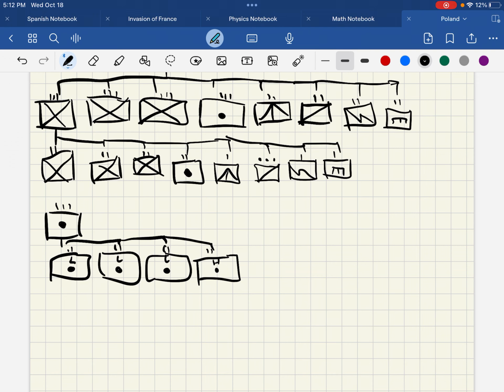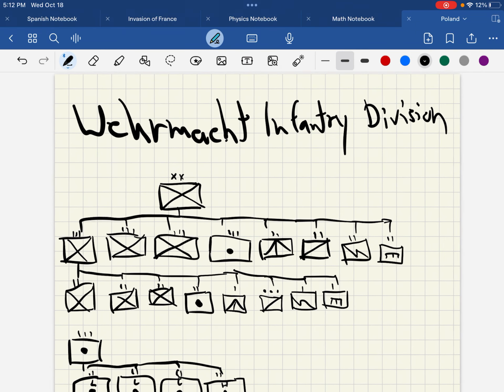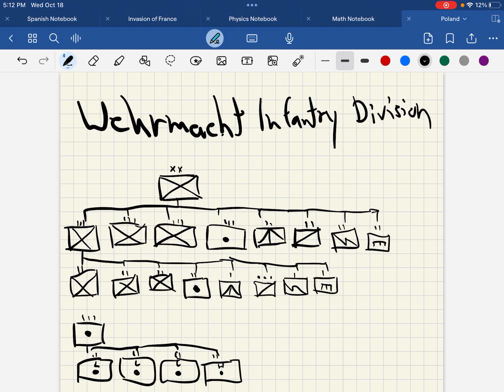And of course, this is earlier on, so it is a completely different structure than what would be in later 1944, 1945 types of divisions. So I guess I can write 1939 because this was really made out of the Polish campaign ones.